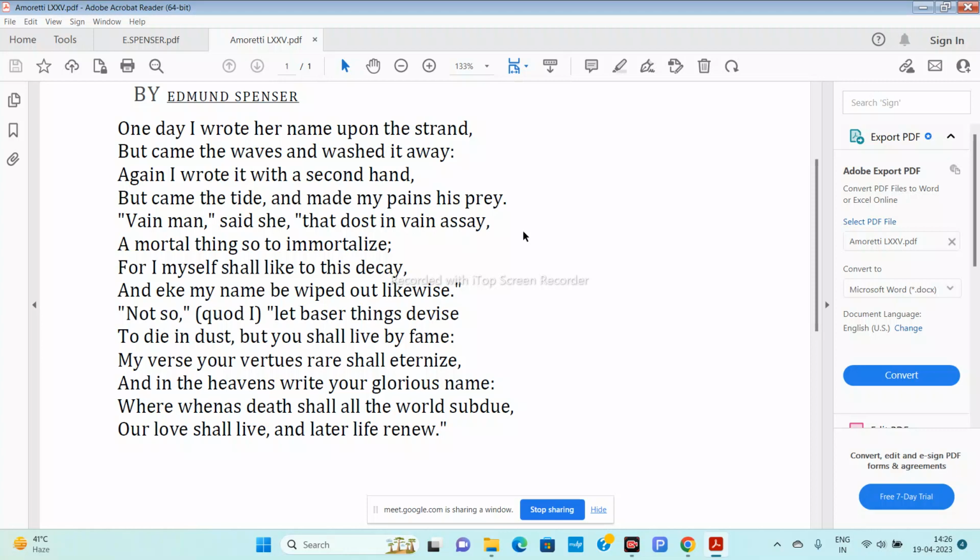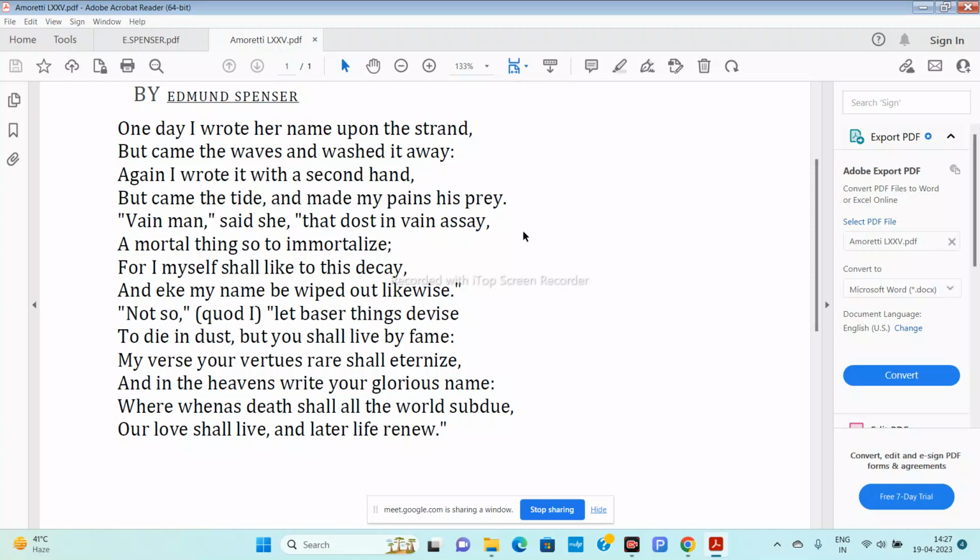"My verse, your virtues rare shall eternize." So the rare virtues that you possess, you are an extraordinary woman, you are an extraordinary individual, and you are full of all kinds of good virtues, good qualities, which are rare, which cannot be found easily in people.